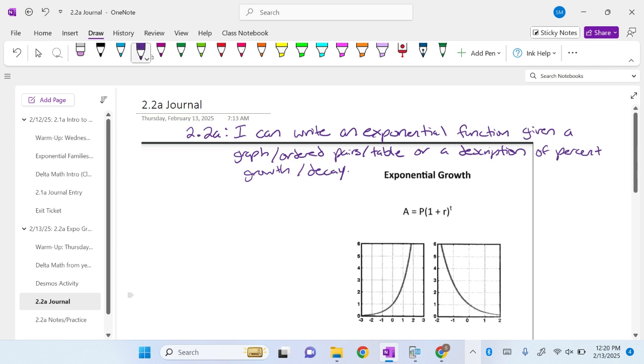So basically, it's exactly what we've been doing pretty much this whole class period. We're just having official notes on it now.